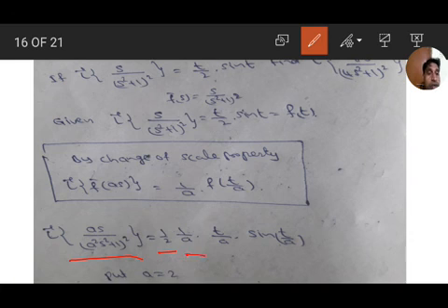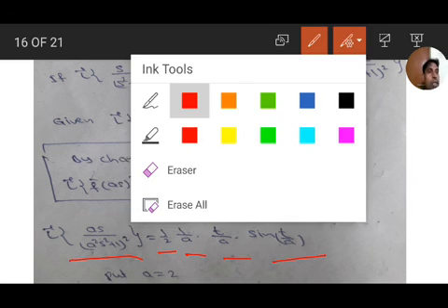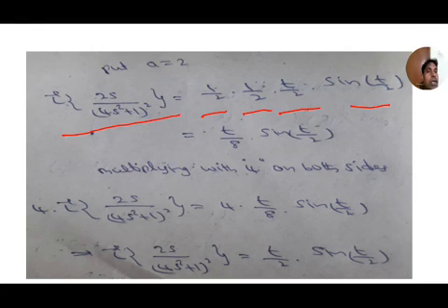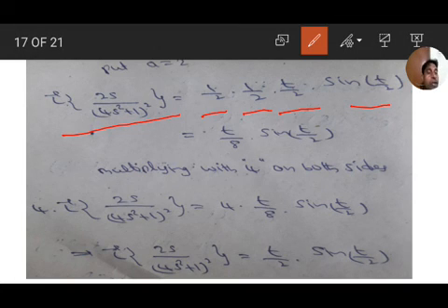With a equal to 2 we get 1 by 2 into 1 by 2 into t by 2 into sin t by 2. Therefore it is t by 8 into sin t by 2, that is 2s by (4s square plus 1) whole square.